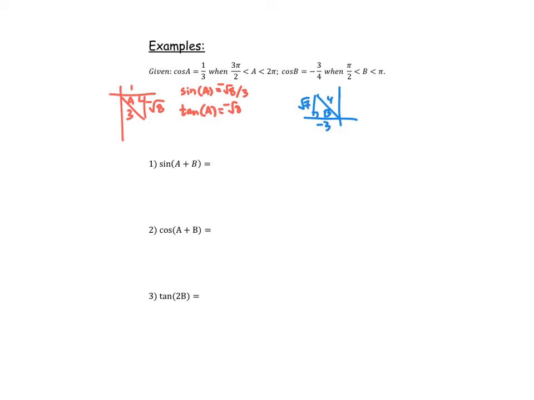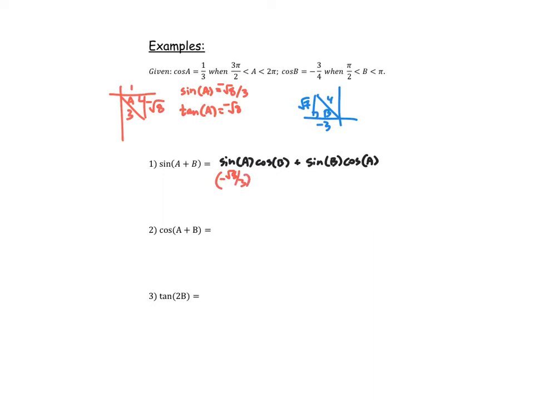So now let's look at the sine of A plus B, which we know is the sine of A cosine of B plus sine of B cosine of A. So we're going to have some fractions here to combine. The sine of A, we said, was -√8 over 3.